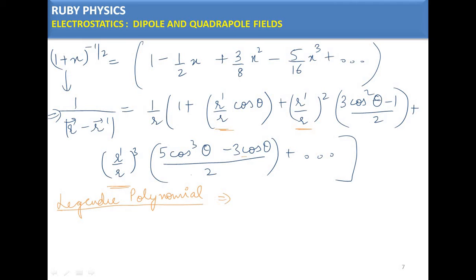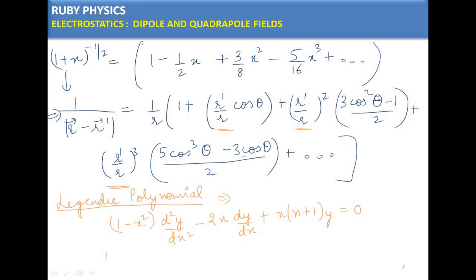So the Legendre polynomial is given by the Legendre differential equation, and the Legendre differential equation is 1 minus x square d square y by dx square, then minus 2x dy by dx plus n into n plus 1 into y is equal to 0.